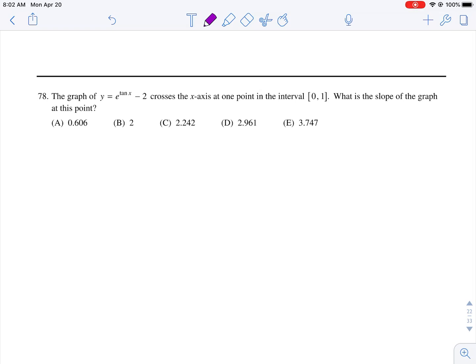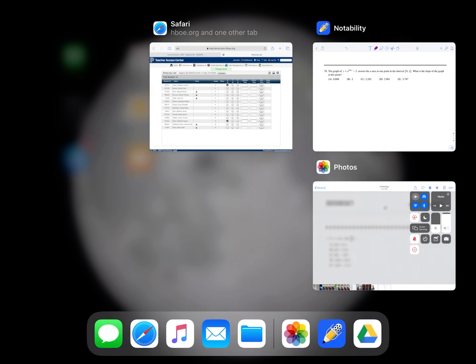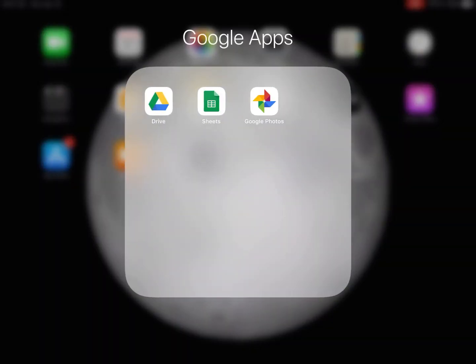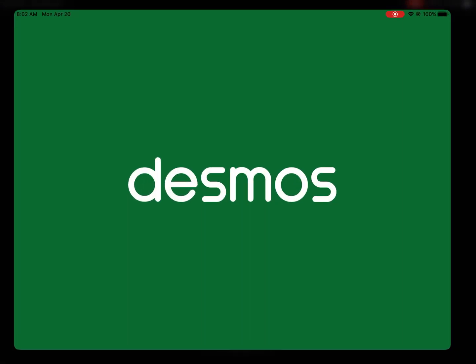All right, 78. The graph of that crosses the x-axis at one point. What is the slope of the graph at this point? So we have to find where this crosses the x-axis. I'll use Desmos for this. You guys, of course, need to know how to do this on your graphing calculator.